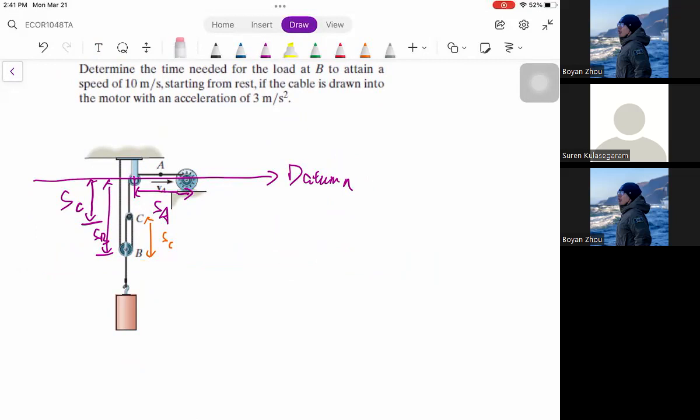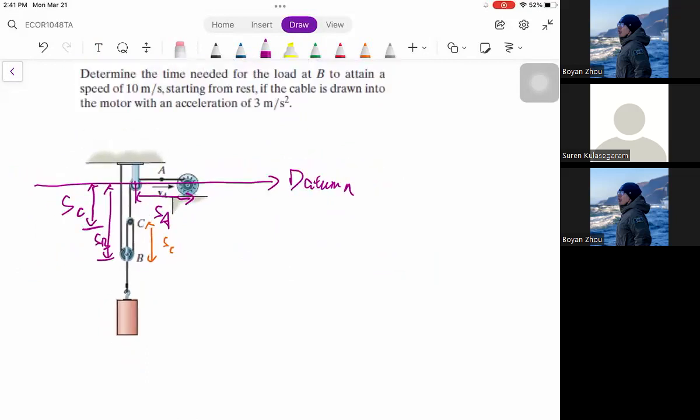I personally recommend you set a datum either on top or on the bottom. Theoretically you can always set a datum in the middle, like at point C, and say this one is SC and this one is SB.